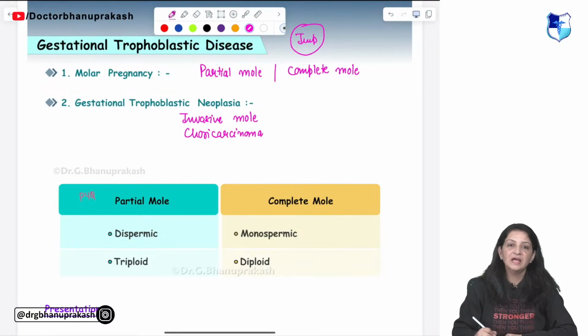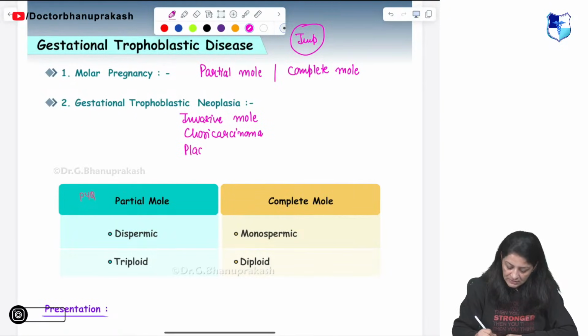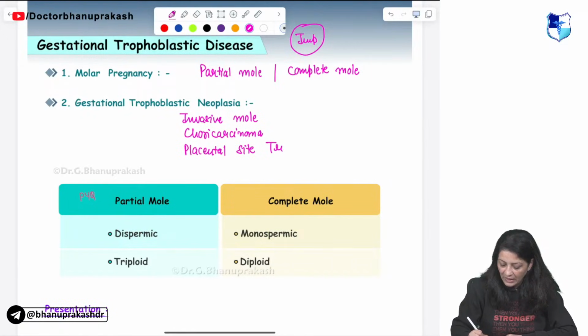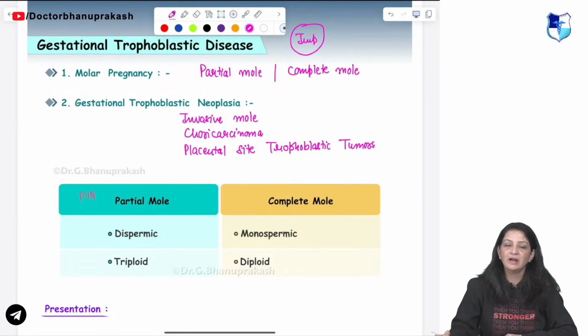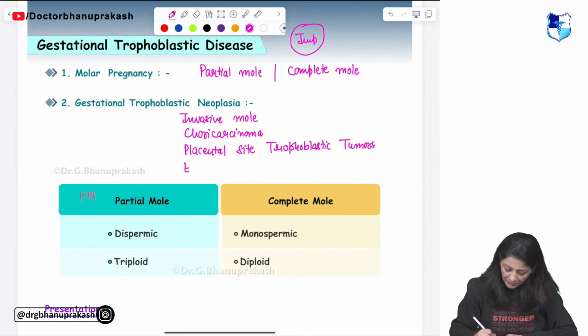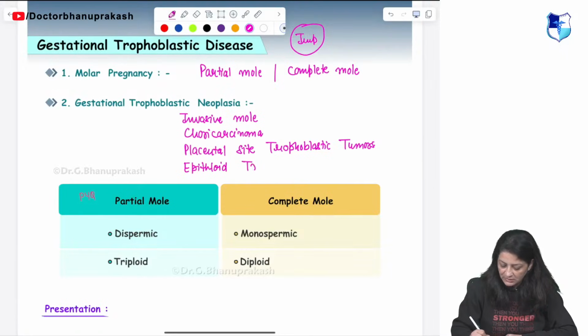Third one, PSTT, placental site trophoblastic tumors. Fourth one, epithelioid trophoblastic tumors.